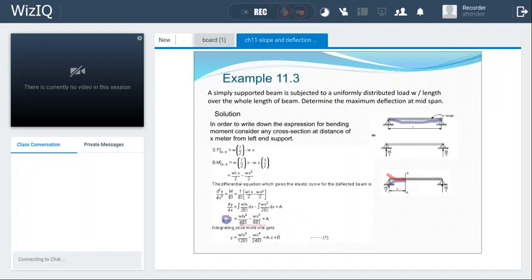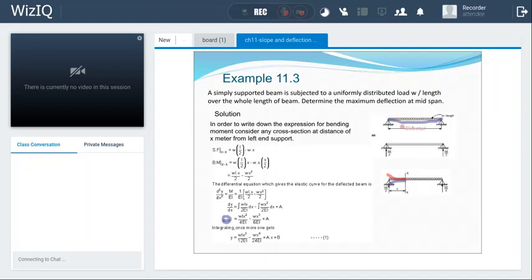So from this equation we can get the slope at any point of this beam. Now you can realize that the maximum slope will be at the ends. When the beam bends, it will give you maximum slope at the ends, and there will be a point at which there will be 0 slope, because the nature of slope will be different.